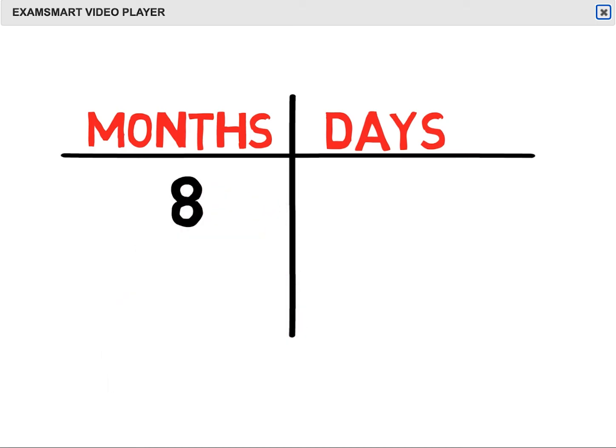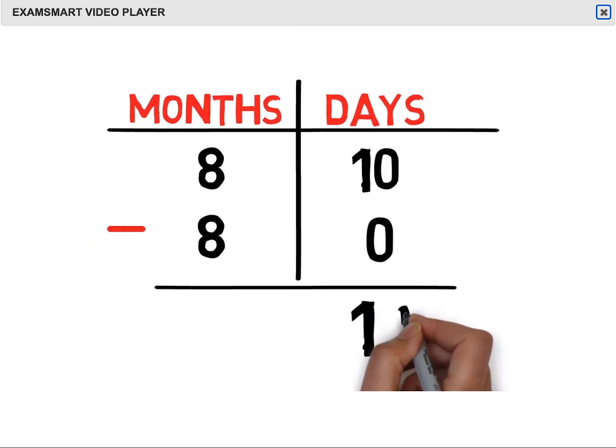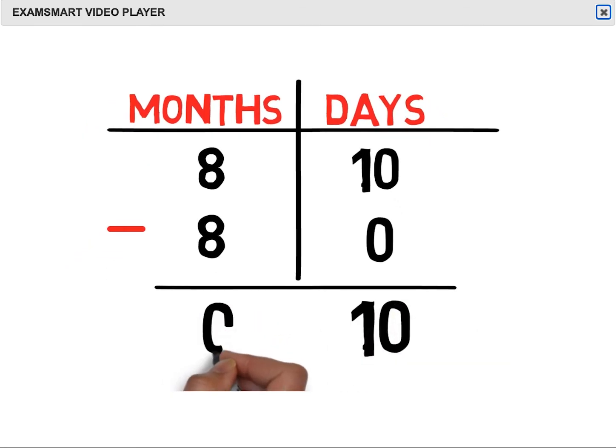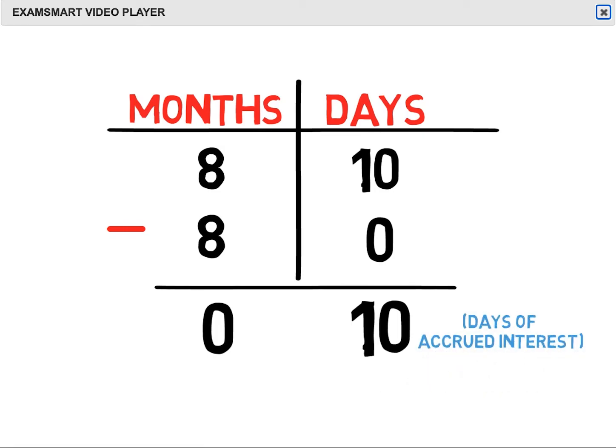Under the days, we'll have 10 for August 10th. We'll subtract from that, under the months, 8 for August, and 0 for the days, which is the 1st of August. So we have August 10th minus August 0 in essence. So under the days, 10 minus 0 is 10 days. 8 months minus 8 months is 0, so that cancels. So we have 10 days of accrued interest.